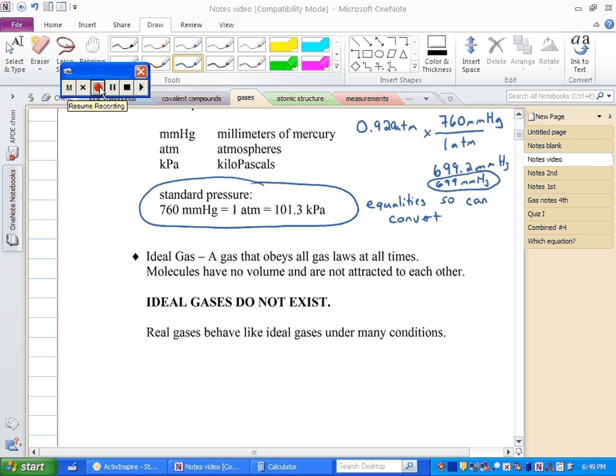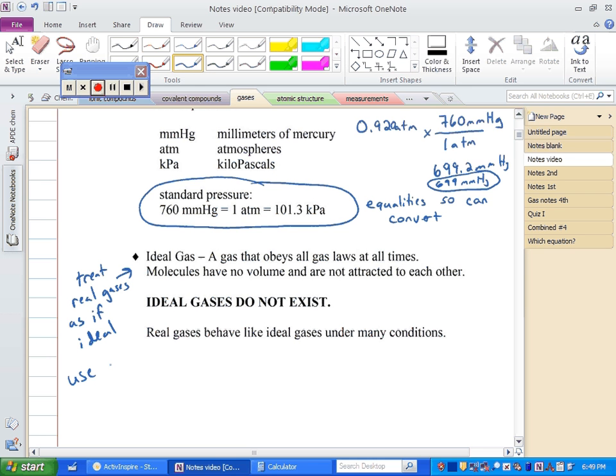We treat real gases as if they are ideal, that way we can use the gas laws to predict behavior.